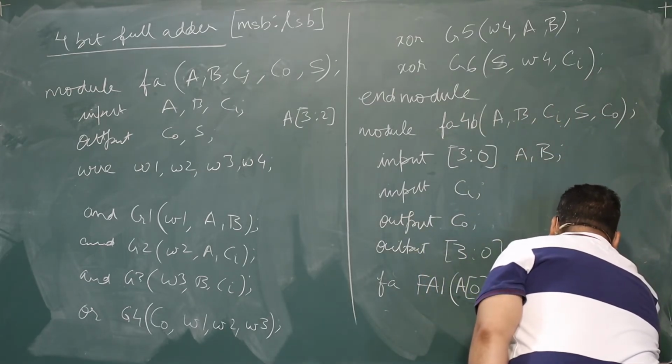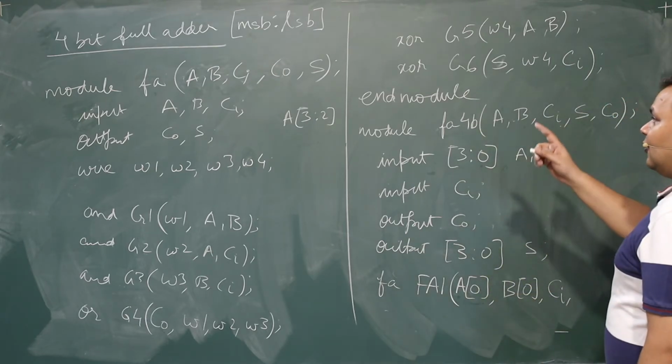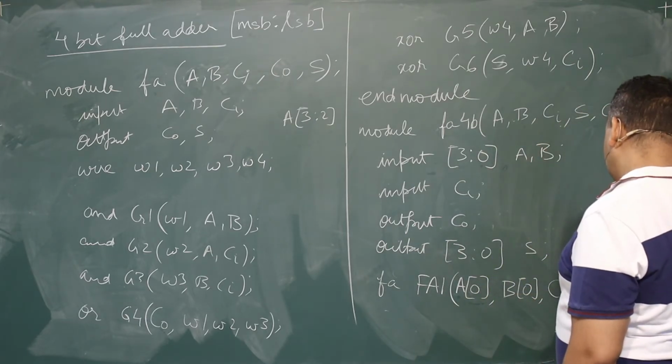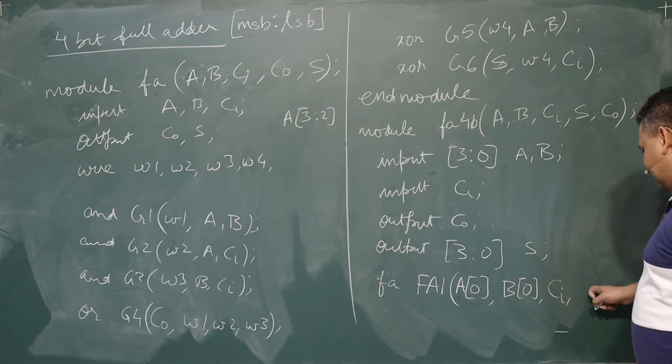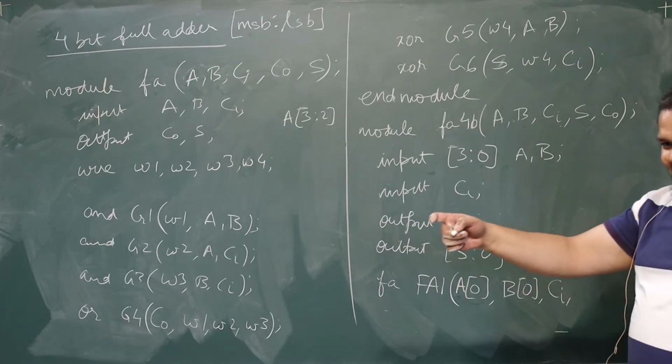CI, and the output of this is going to be what? One more thing we need to do. What do we need to do? We need to create wires, right? Yes, to connect the carry out of this to the next one.